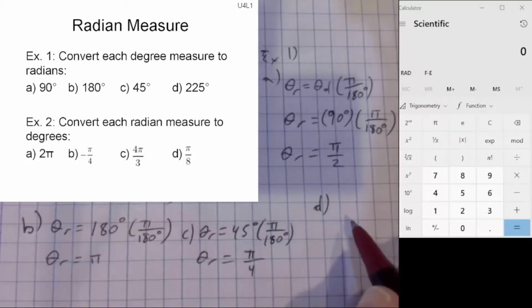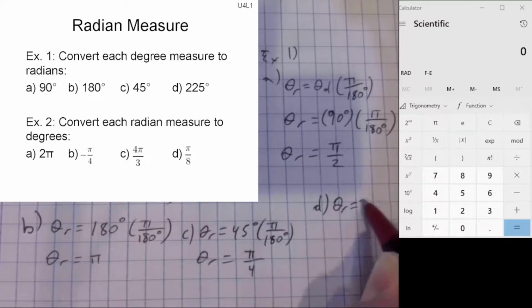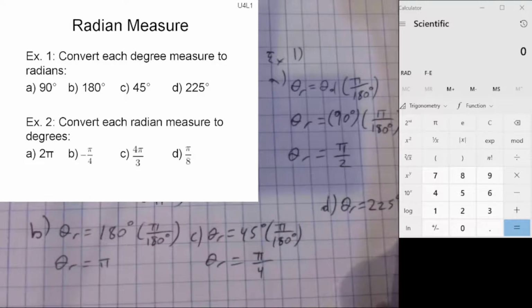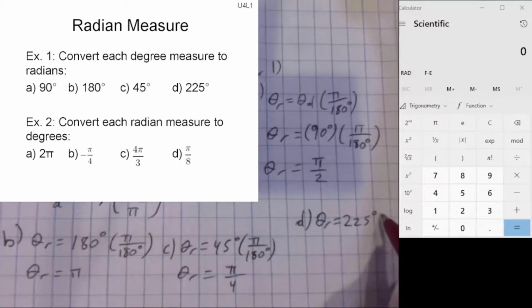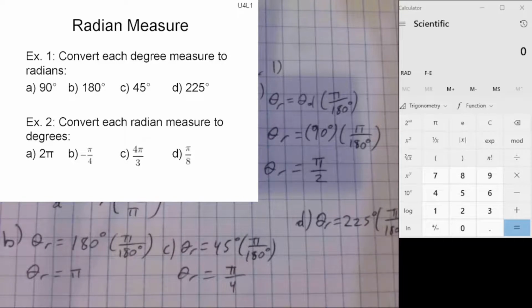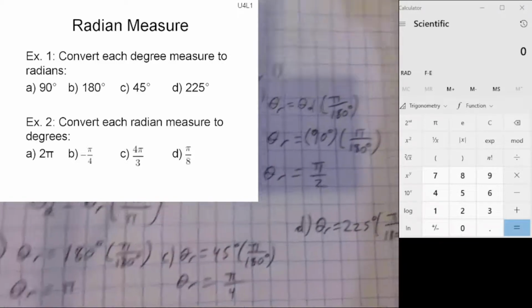And then lastly for D, we have 225 degrees times pi over 180 degrees.